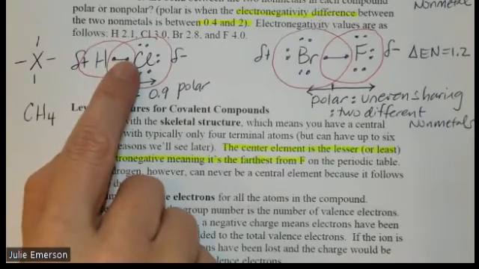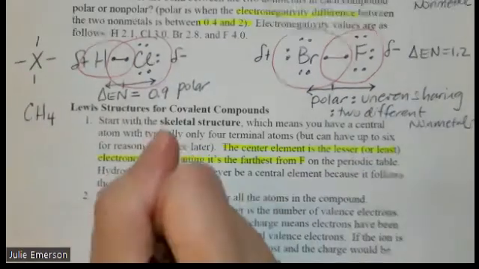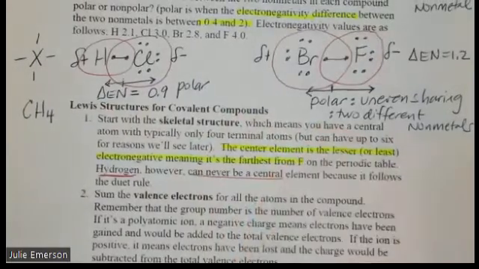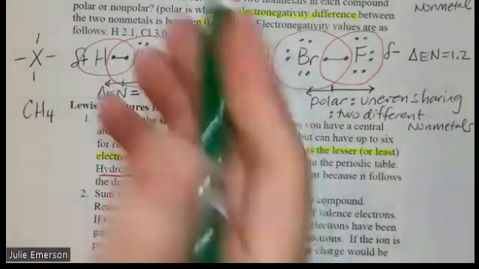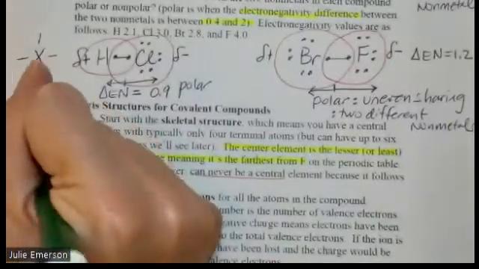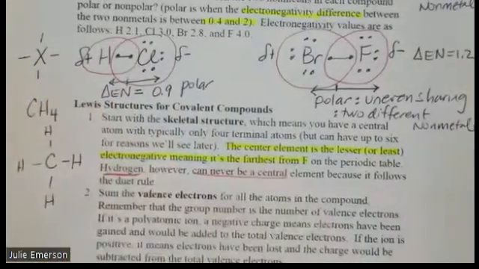Once it takes the one bond, that's the 1s2, that's the duet rule, right? So hydrogen can never be in the middle. So if I'm going to make a skeletal structure here, I'm going to put carbon in the middle, and then I'm going to put hydrogen on up to 4 bonding sites.